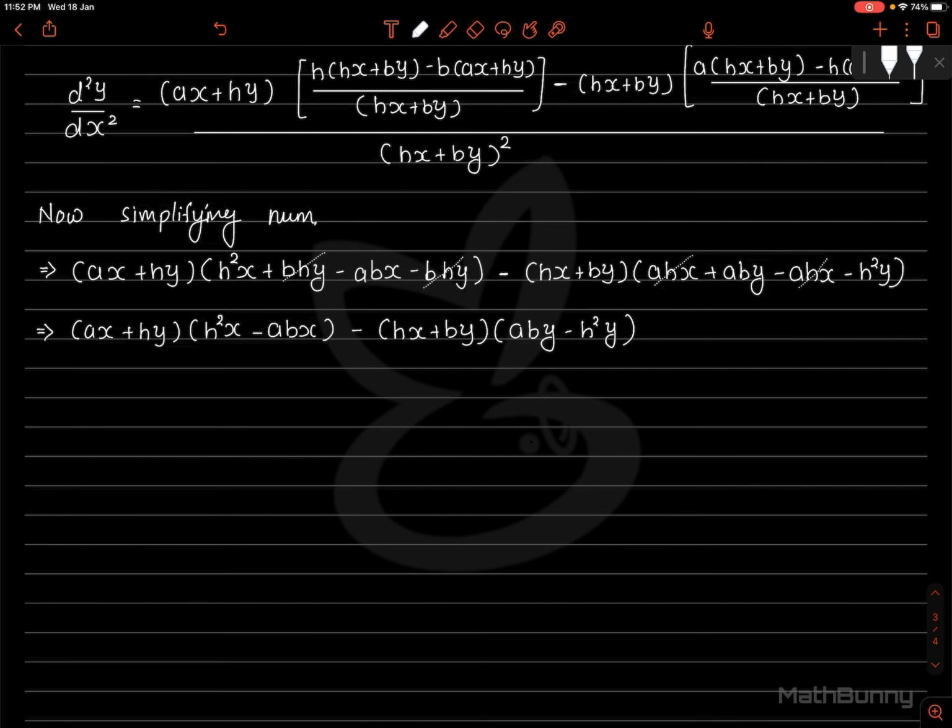Now let us further simplify this. We can see here x is common and here y is common.